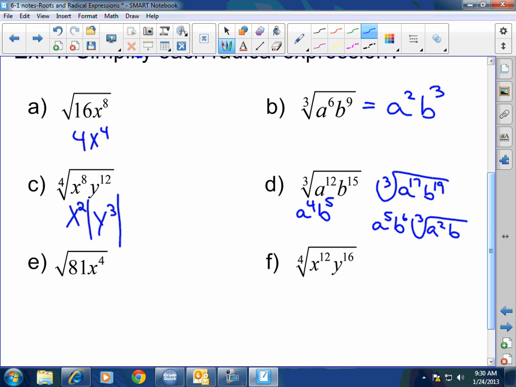A squared and a B, because that's what's left over. You guys seeing this? 17 divided by 3 goes 5 times, because that's 15, and I have 2 A's left over.